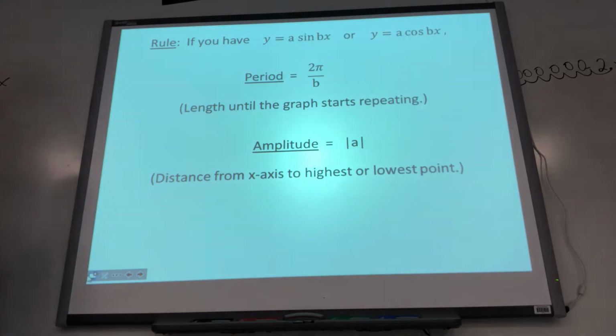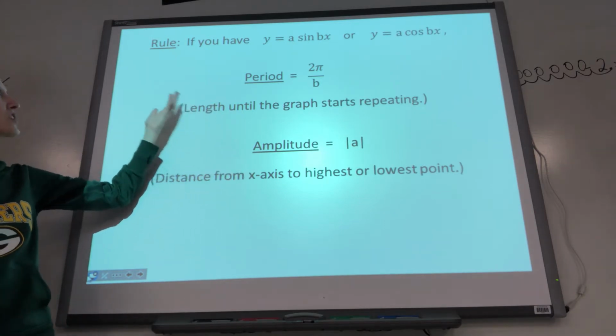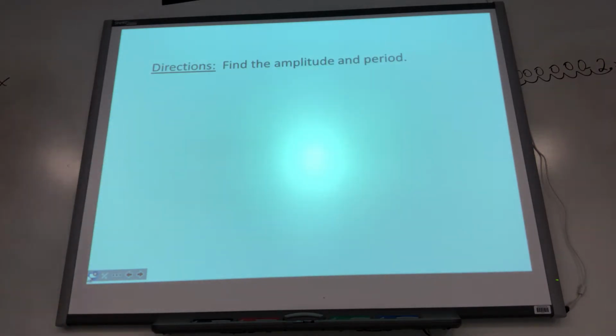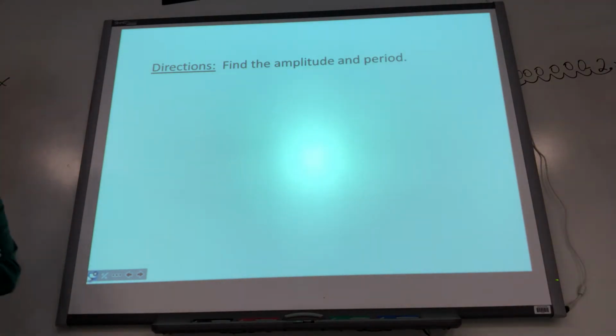Okie doke. So the last few examples here, again, you don't really have to graph. We're just going to get some practice using these formulas. And so directions just say, find the amplitude and period. 2 answers for each problem. Amplitude is absolute value of A. Period is 2 pi divided by B. I'm going to start with one that's pretty straightforward.